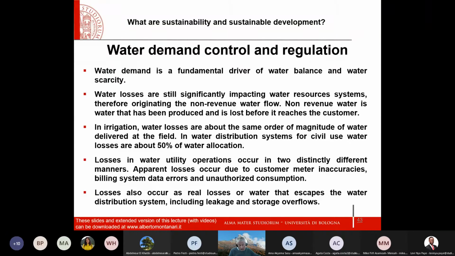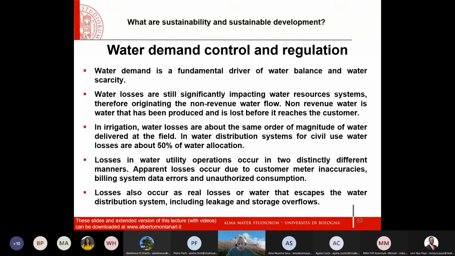If you look at the civil supply, where the water is delivered through pipes, pressure pipes, you may say by intuition that leakages and losses are less relevant. This is only partially true, because still in most of the aqueducts we have more than 30% of losses and leakages. Again, this is water that, from the point of view of the supply, is lost.